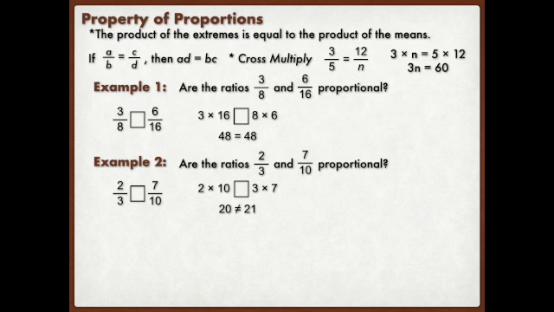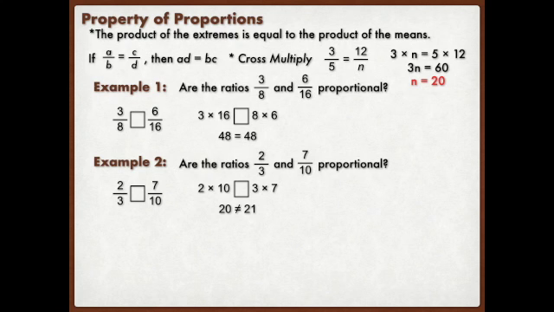So I need to divide 3n by 3 to get it by itself. If I do it on one side, I have to do it also on the other side with that same number. So I divide 3n by 3 and I get n, but then I also have to divide 60 by 3 and I get 20. So n equals 20. So 3 to 5 is proportional to 12 over 20.